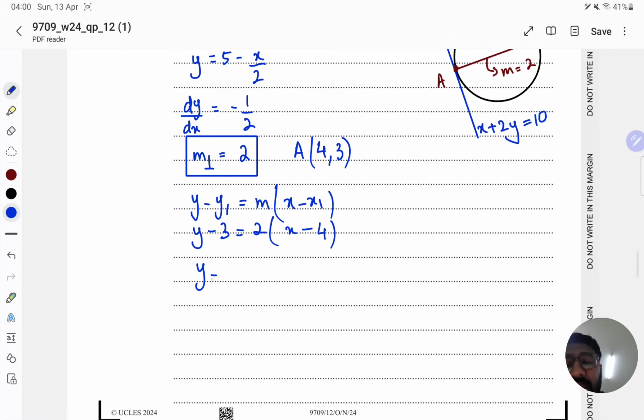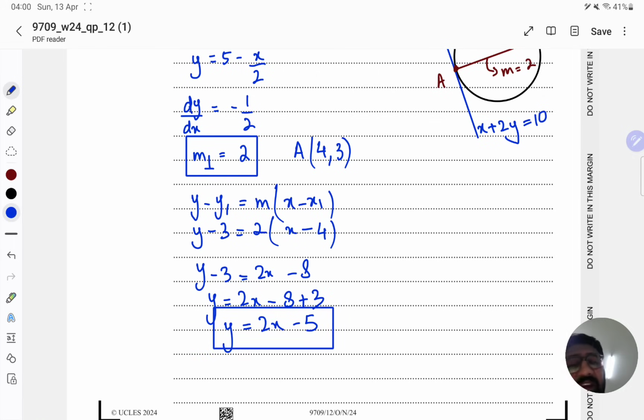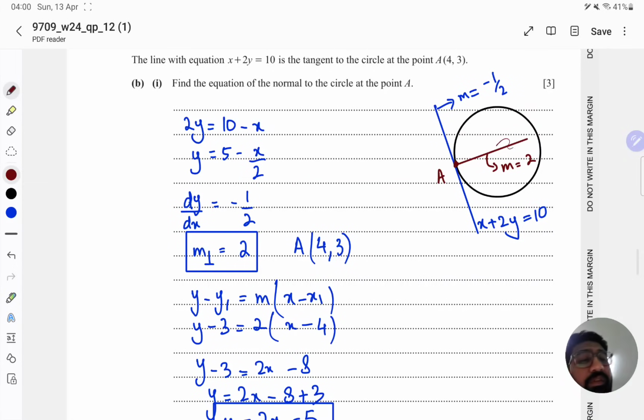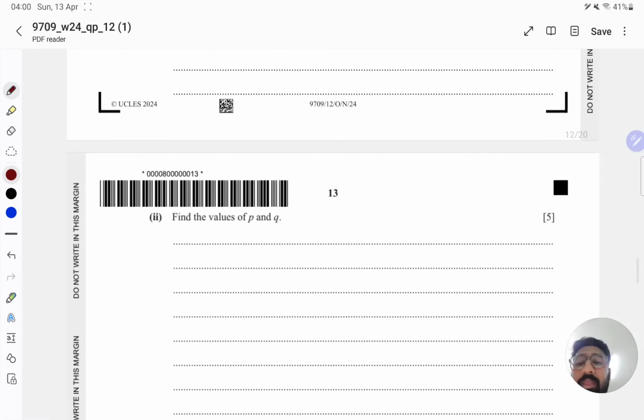Simplify: y minus 3 equals 2x minus 8. So y will be equal to 2x minus 8 plus 3. So y will be equal to 2x minus 5. So 2x minus 5 is the equation of this line. y equals 2x minus 5.